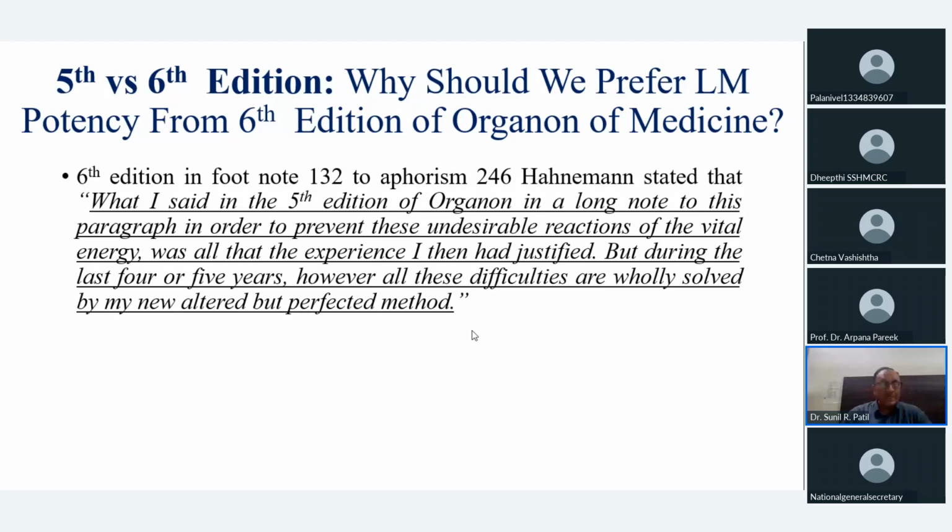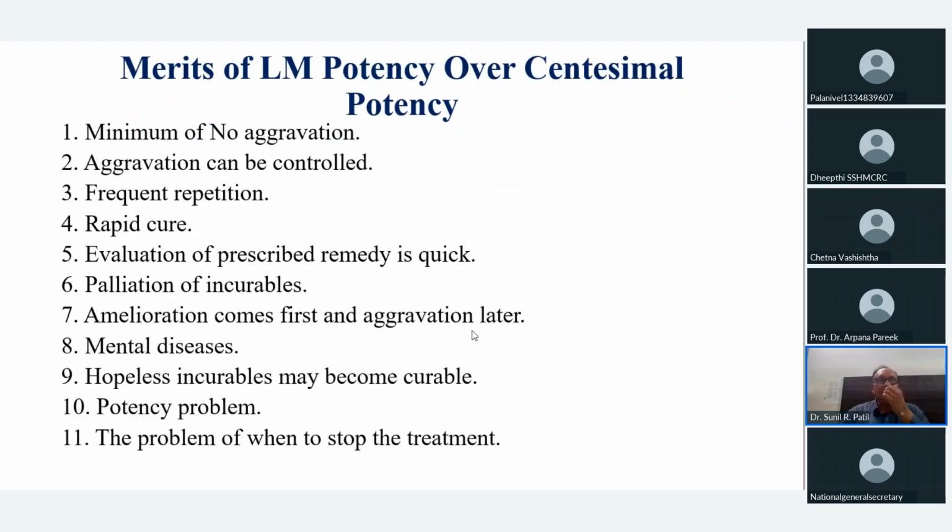So you compare the LM potency versus the centesimal scale potency in aphorism number 2046 in the sixth edition. Actually, the merits of the LM potency over the centesimal scale are very important.